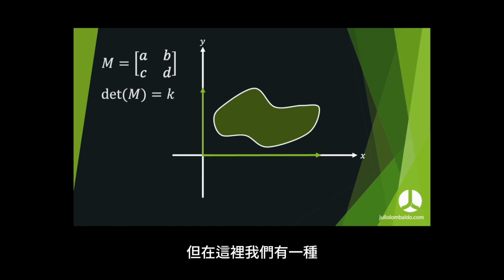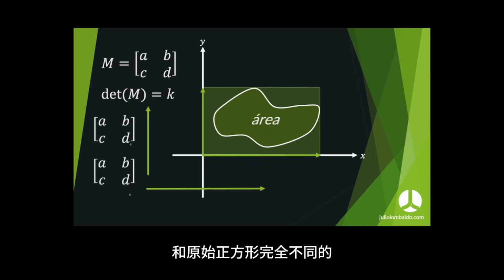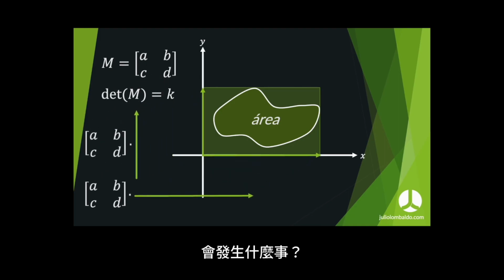Of course, this case is not 1, 0 and 0, 1, but here we have a kind of rectangle that shapes this new area in green. So this is a new area, completely different from the first one, that is a square. What happens if we make a product between this matrix and each vector of this case?